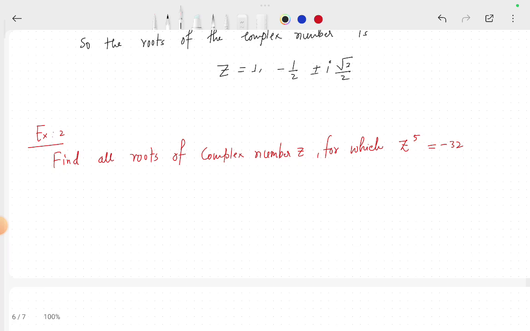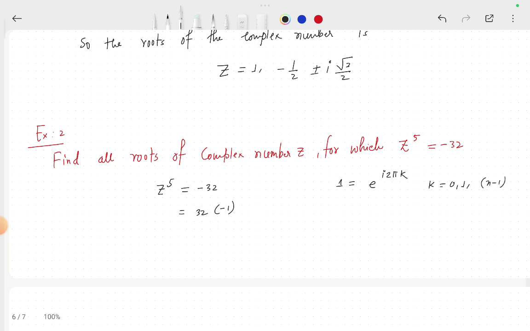Next, how can we find the solutions? Just look here. You are given z to the power 5 equals minus 32. Don't worry, we can write this as 32 times minus 1. We already discussed in the previous questions that 1 can be written as e to the power i 2 pi k, where k has values 0 to n minus 1.